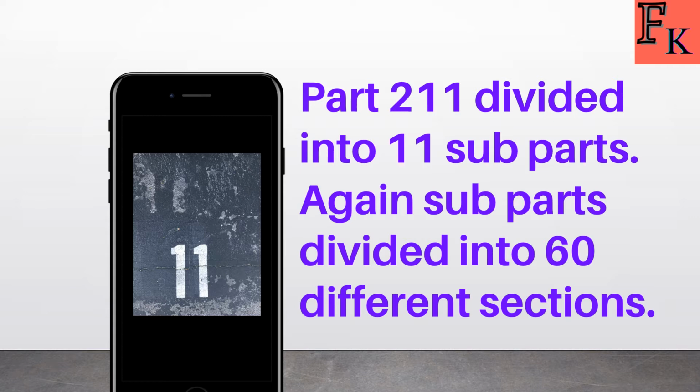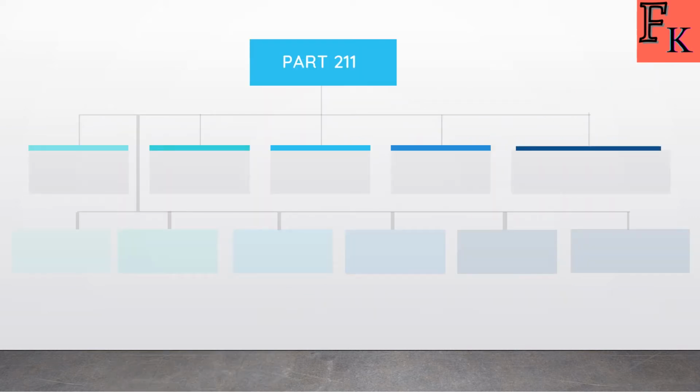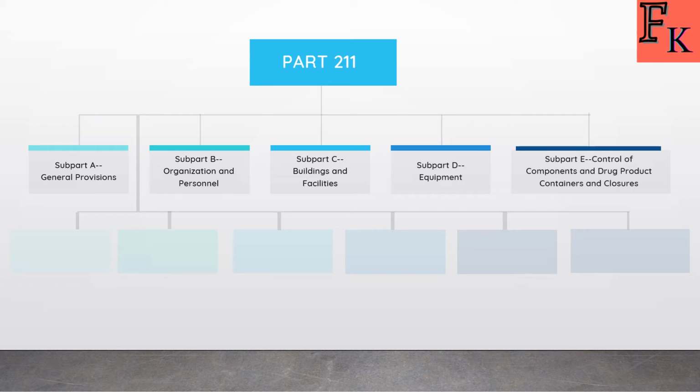Let's concentrate on the next slide. So part 211 is divided into 11 subparts. Subpart A, general provisions. Subpart B, organization and personnel. Subpart C, building and facilities. Subpart D, equipment. Subpart E, control of components and drug product containers and closures.